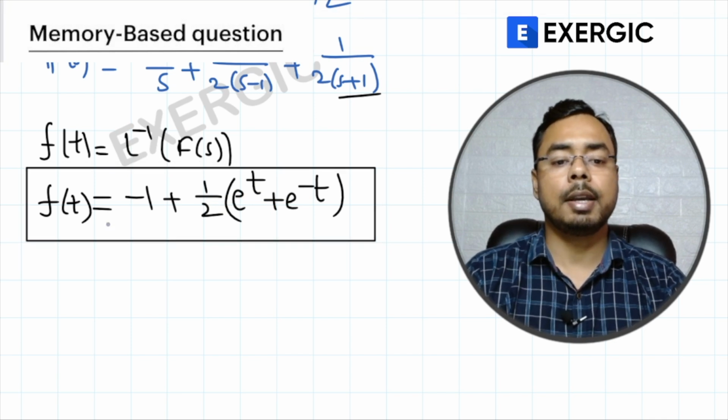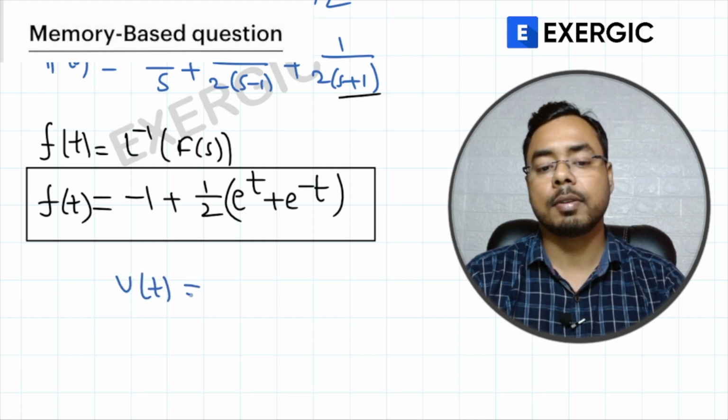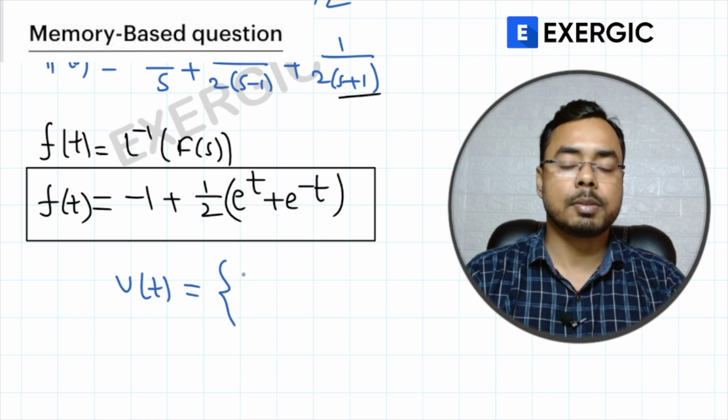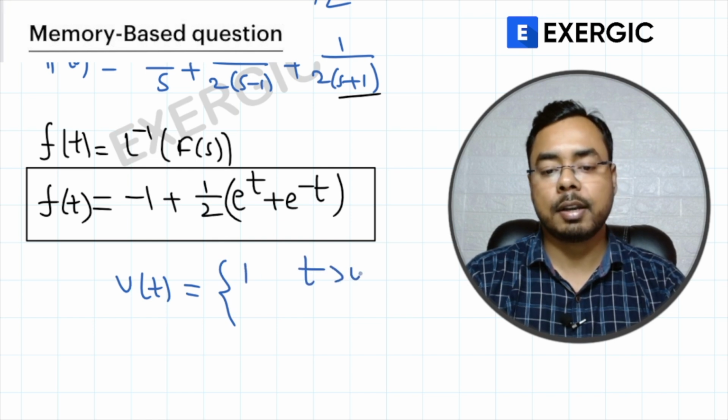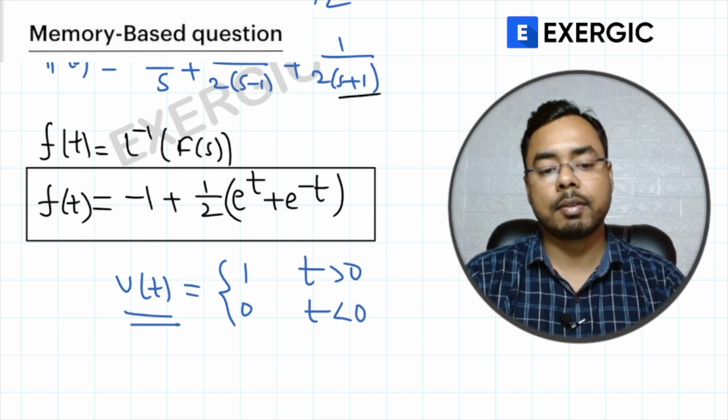Now another possibility is that you can write the same function using the unit step function. We know that the unit step function u of t is 1 when t is positive and it is 0 when t is negative. So this is how a unit step function is defined.